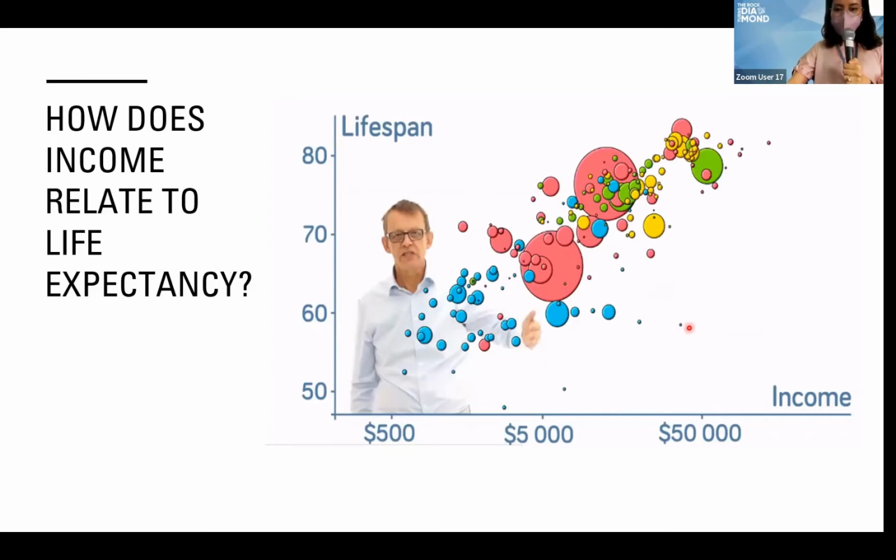For example, this country in here is very small, and it's quite rich, because the income per capita is almost 50,000, but then a very low lifespan. So this is off, but on average, you can almost see that it is a straight line going up to the right.